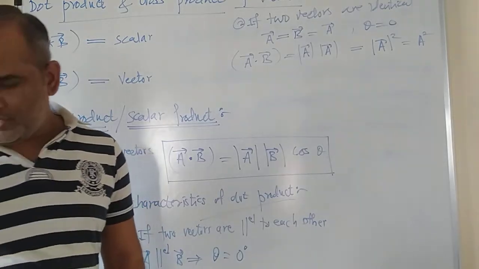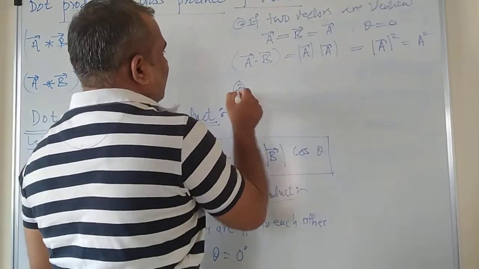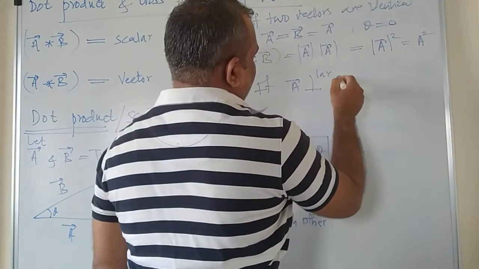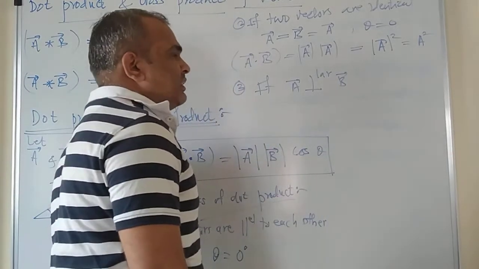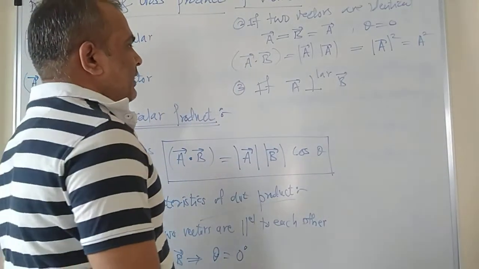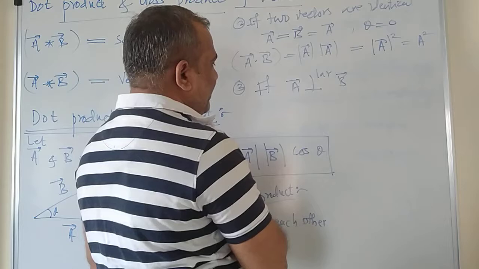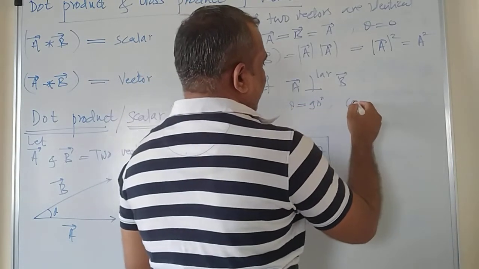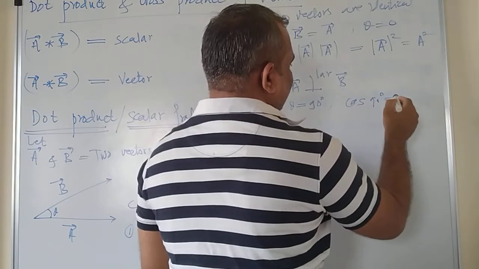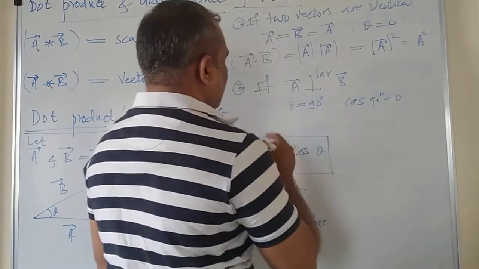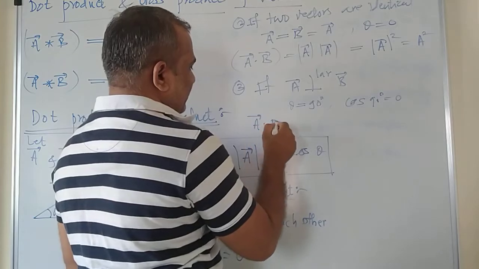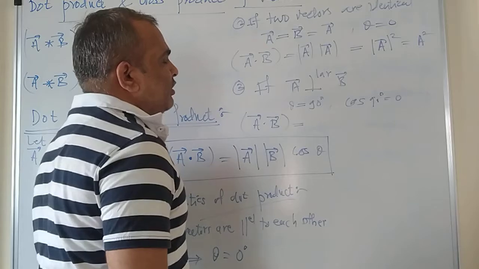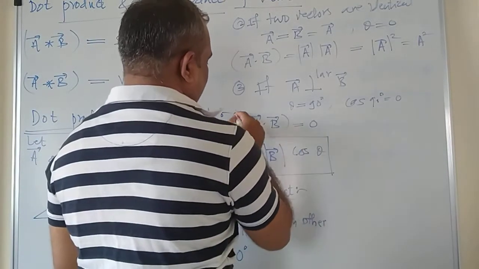If two vectors are perpendicular to each other, if a bar and b bar are perpendicular, then what will be the result? What will be the value of theta? It's 90 degrees, and cos 90 is equal to 0. If you put this value into the formula of the dot product, that will give you a bar dot b bar into 0, that means 0.